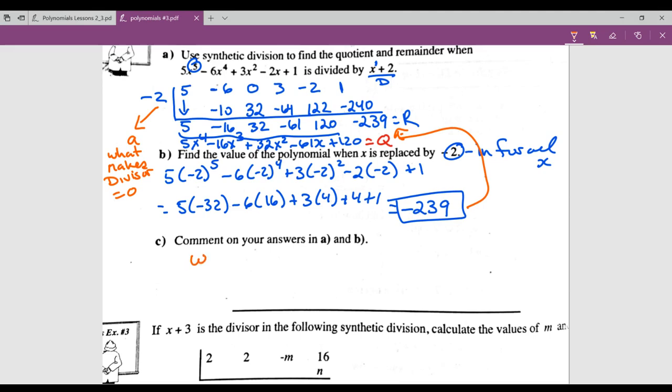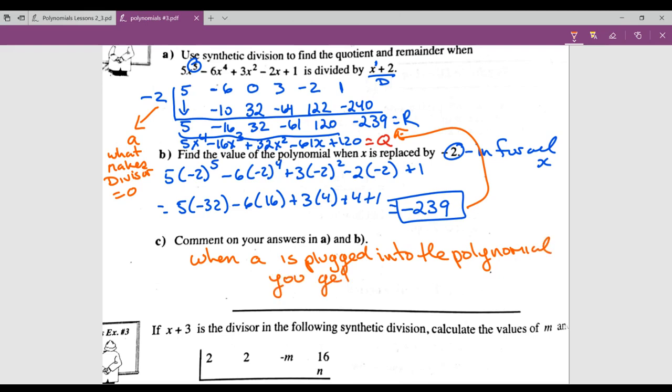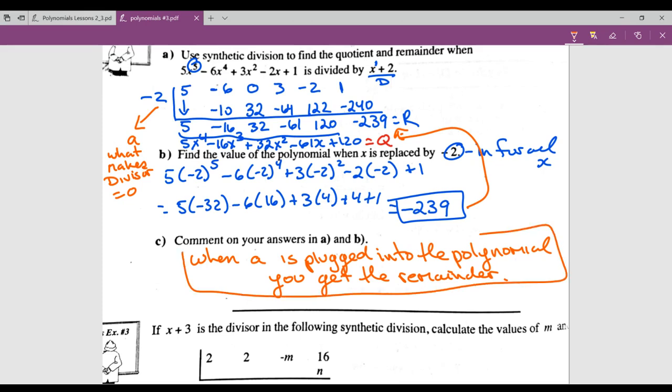So when a is plugged into the polynomial, you get the remainder. This will become important in lesson 4, 5, and moving forward. But for right now, just remember that. When your a value is plugged into the polynomial, you get the remainder. If you want to write that mathematically, p of a, with a plugged into all your x's, will give you the remainder.